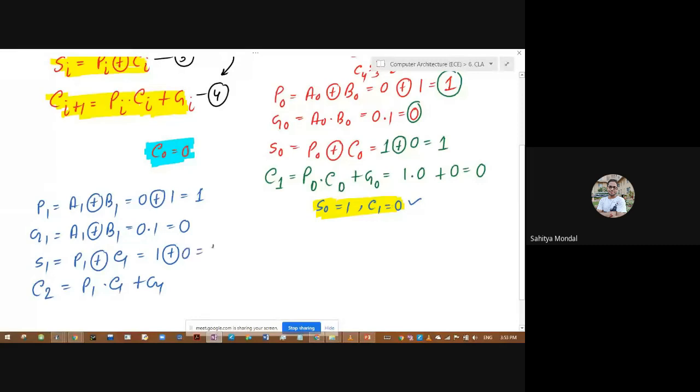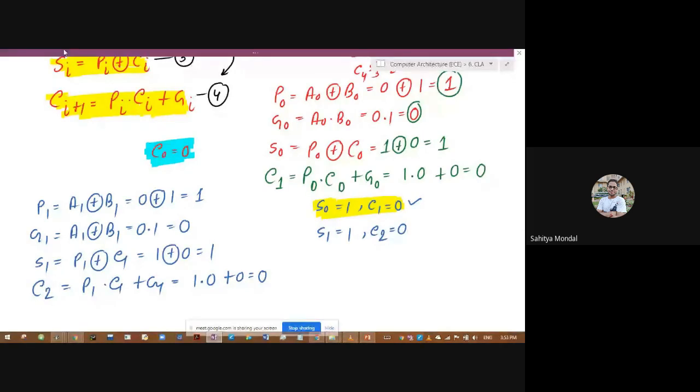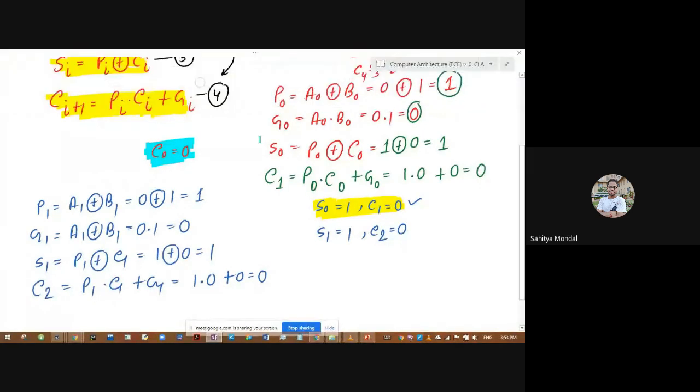Output is 1. Here P1 is 1. What is C1? C1 is 0. What is G1? G1 is 0. So it's 0. So what we get next, that is S1, is 1. And what is the next carry, that is C2? That is still 0. So that is the second phase of calculation for this CLA.